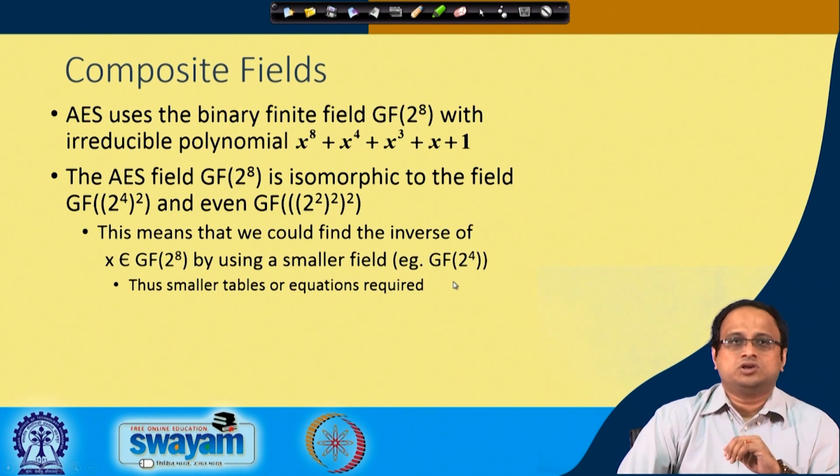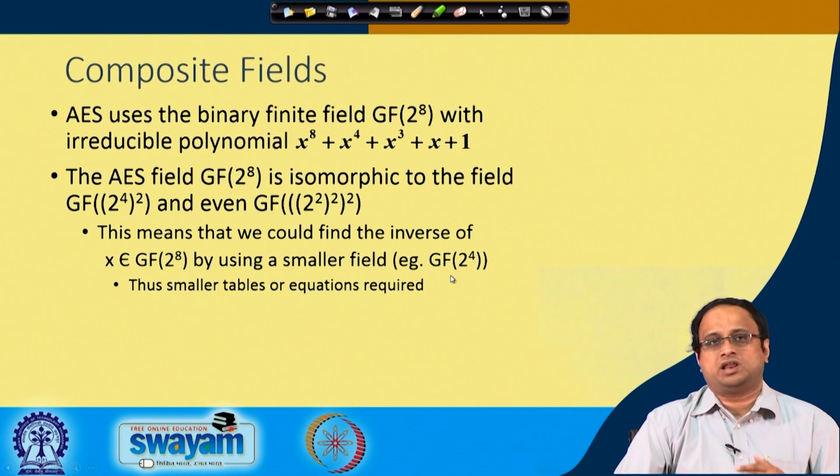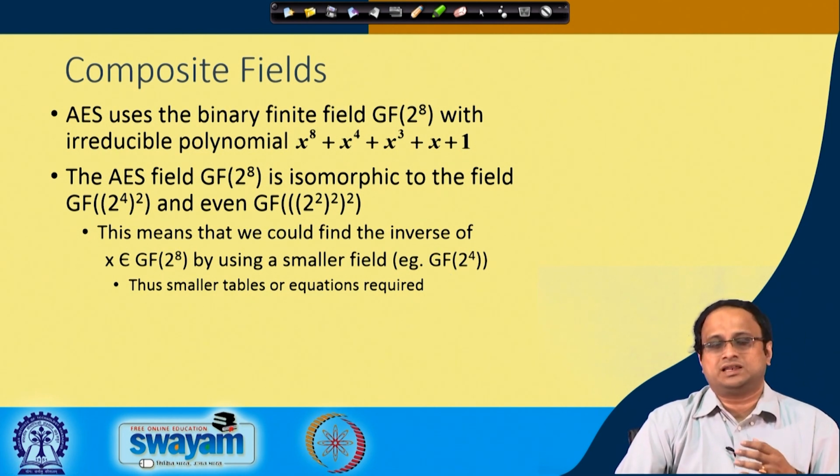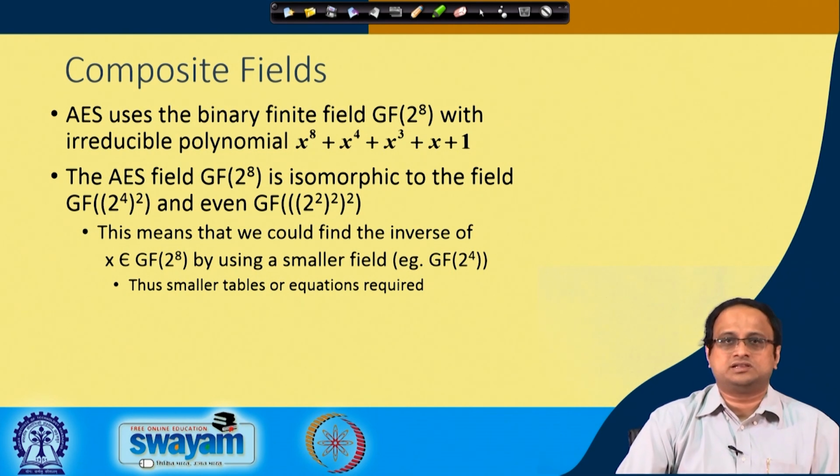So let me take an example, or let us try to understand the savings that we can get out of this technique. Remember that in AES we use the binary finite field GF(2^8), and my modular reduction polynomial, or irreducible polynomial, is x^8 + x^4 + x^3 + x + 1.